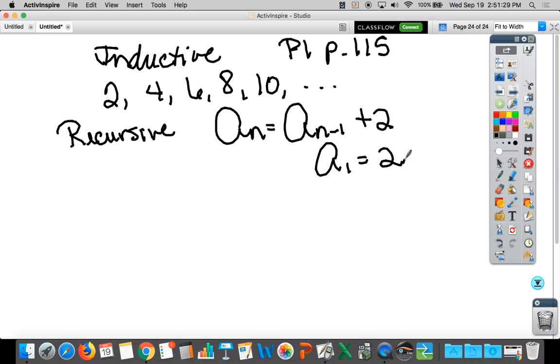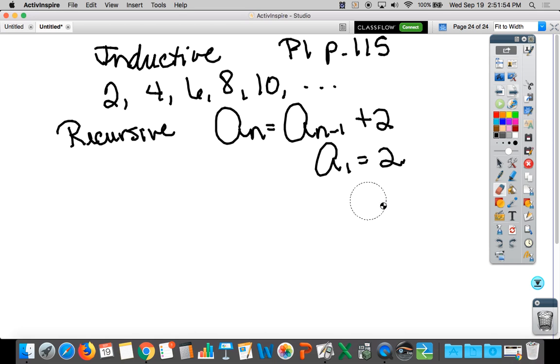If I give you a number here, that stands for my n, right? So if I want a sub 2, then my 2 is my n. 2 minus 1 is 1, so that's my a sub 1 plus 2. That's how I come up with that.